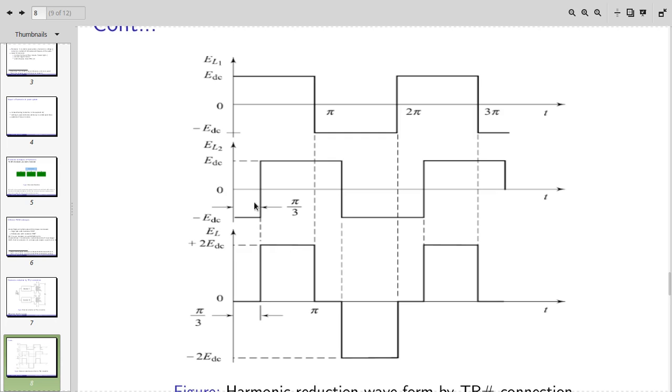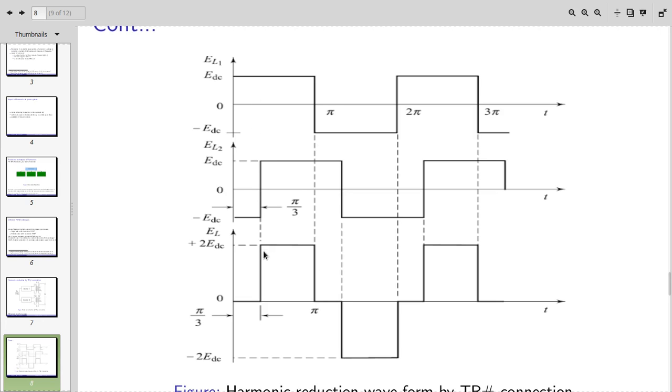Now look here. Here it goes from minus EDC to plus EDC, and here also. But here it is from 0 to the positive maximum. Here it is from the negative maximum to the positive maximum. But here it is from 0 to the positive maximum, again from the positive maximum to 0, then again to the negative maximum.